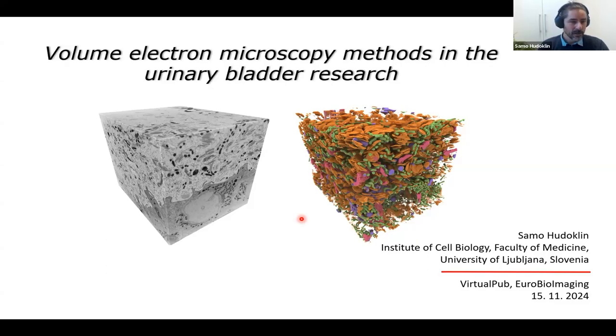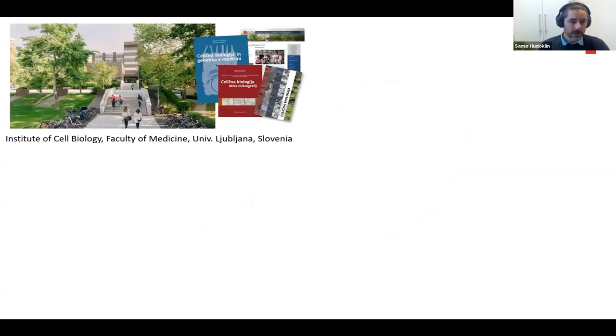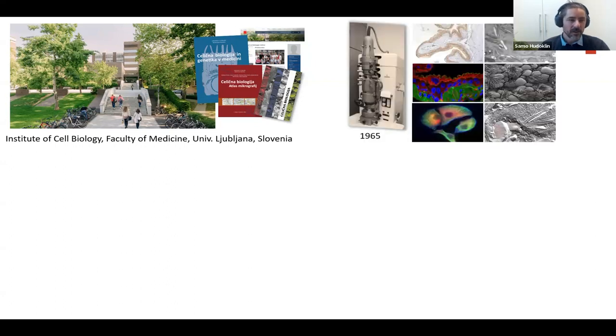First, some background on where I'm coming from. The Institute for Cell Biology is part of the Faculty of Medicine, University of Ljubljana. I'm actually not a full-time researcher. We are heavily involved in teaching.